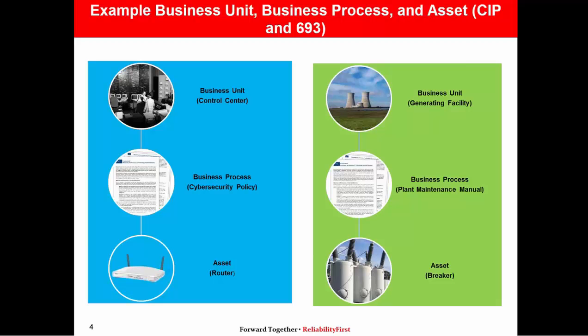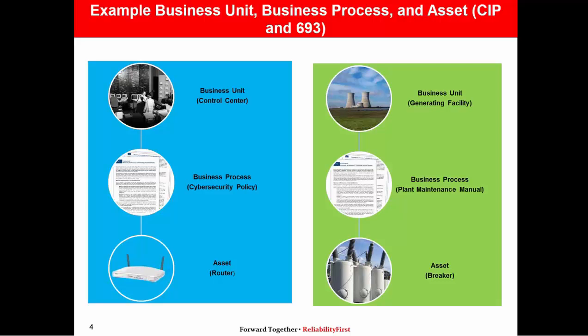So here are simple examples of a 693 organization or department and a SIP organization or department. On the left we have a SIP organization, with a control center, and generally within those control centers we'd have some cybersecurity policies that would apply.